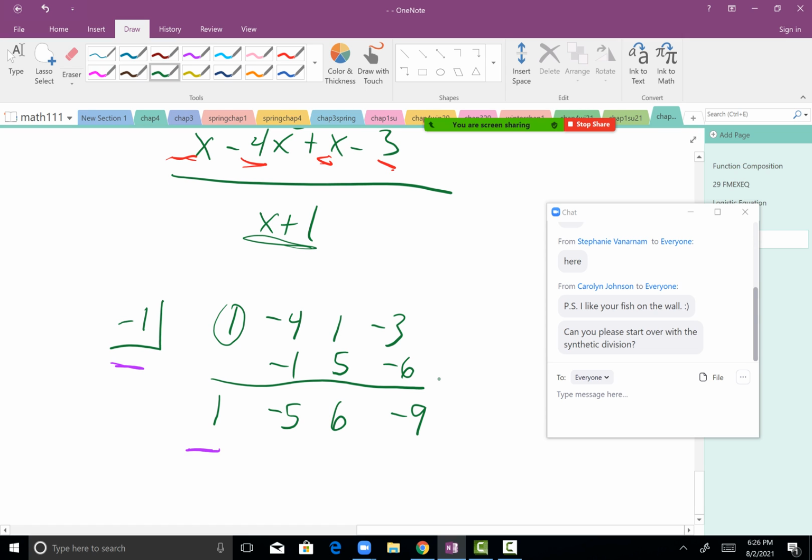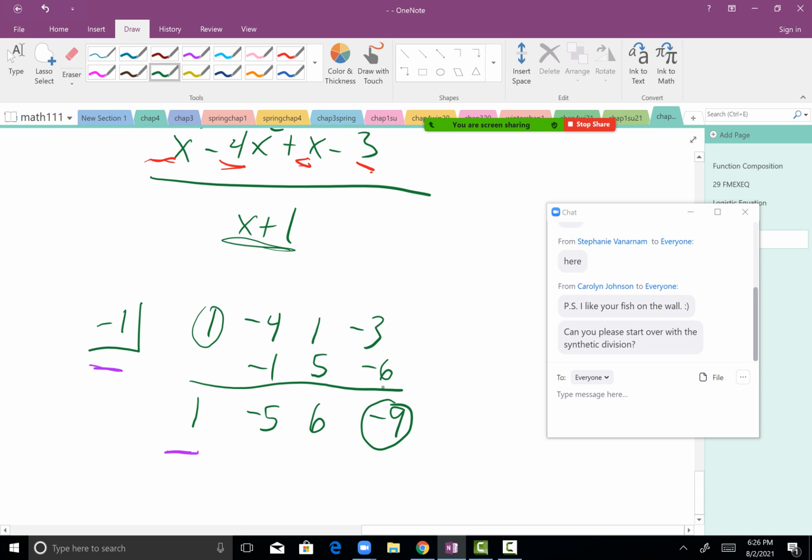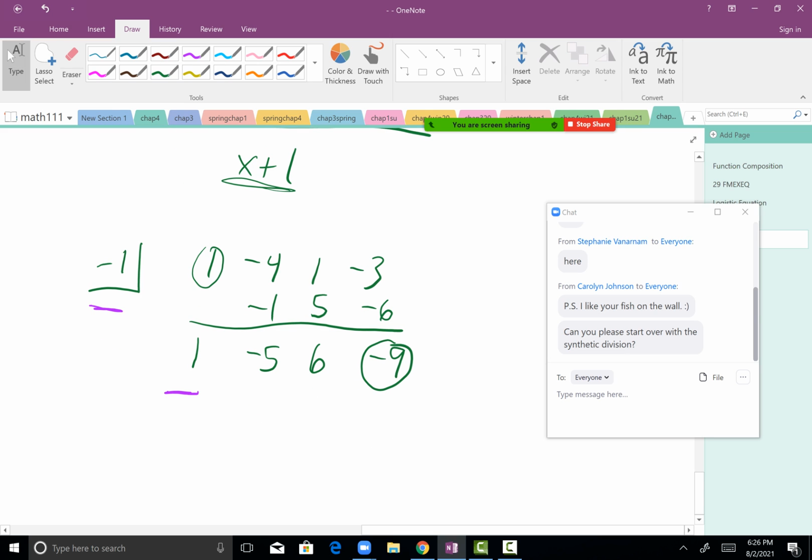So remember that what we got up there was also negative 9 for a remainder. So there's our remainder. Our answer would be x squared. Since you divided it, you reduced it down 1 degree. So you start out with a third degree. We divided it and reduced it down to 1 degree.